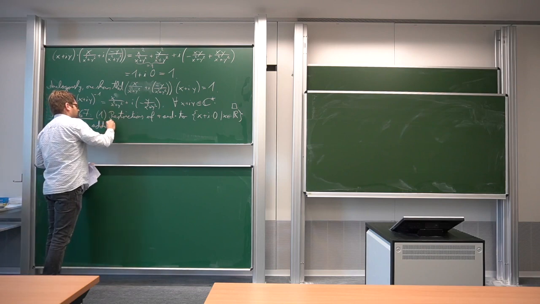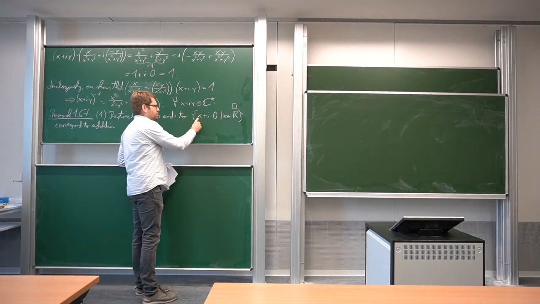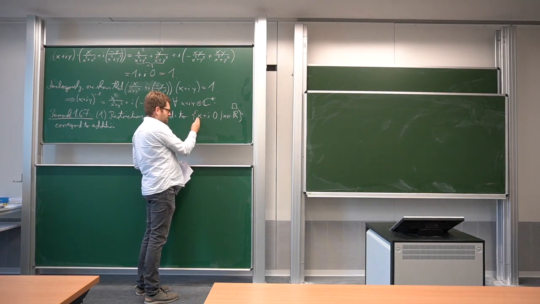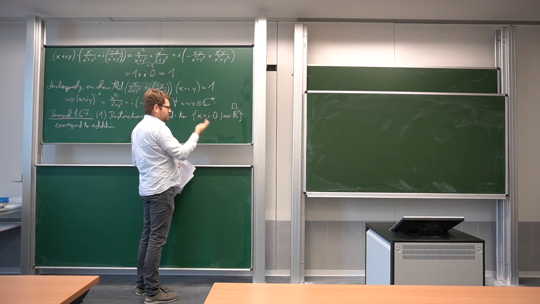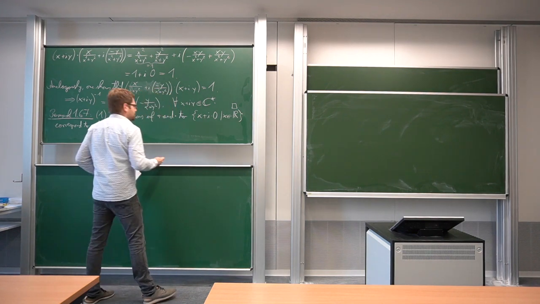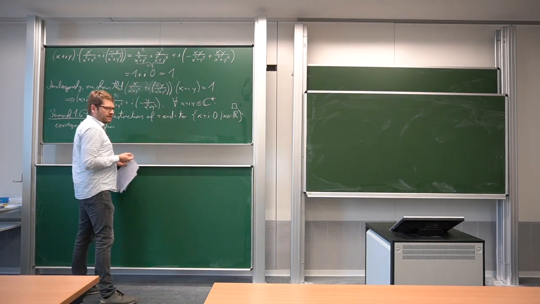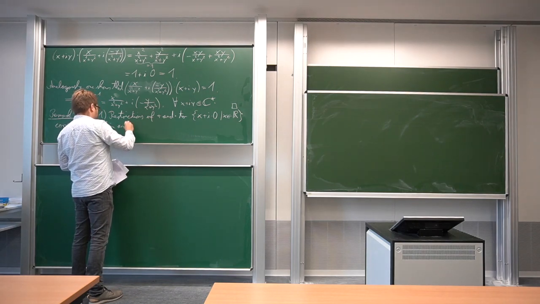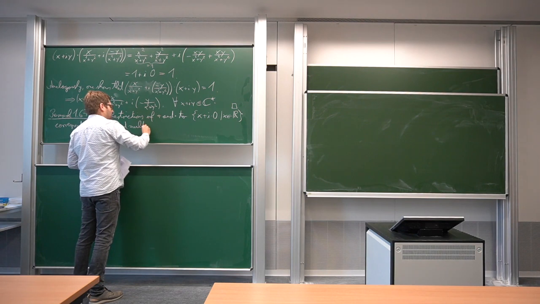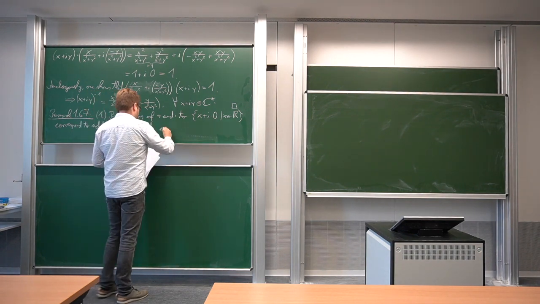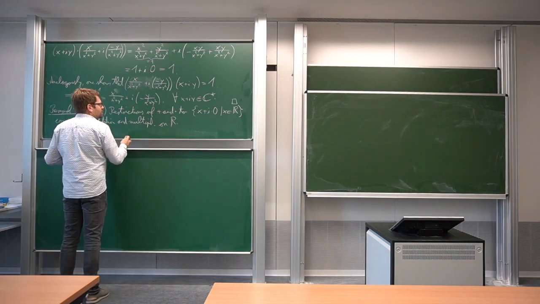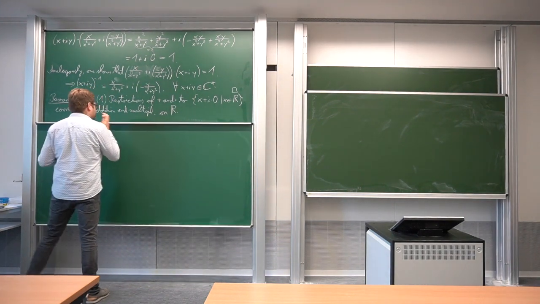So this simply means that the sum is really the sum of the real entries here, and the product will just be the usual product. This basically follows immediately if you check the definition of addition and multiplication. They correspond to addition and multiplication on the real numbers. And so this is why we can see the real numbers, and this is what we always do, as a subset of the complex numbers.